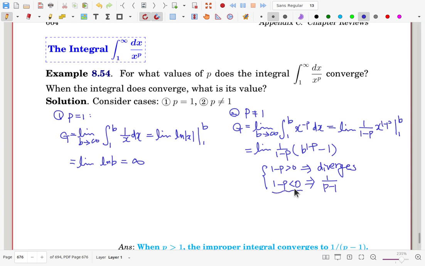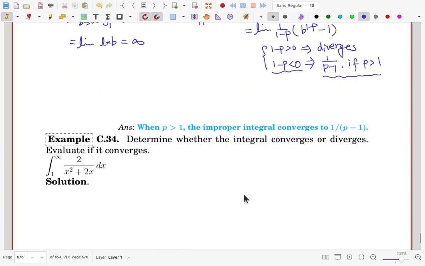So this condition is the same as p larger than 1. We write down here, if p is larger than 1, then the limit is 1 over p minus 1, so it is convergent. So it is convergent only when p is larger than 1.